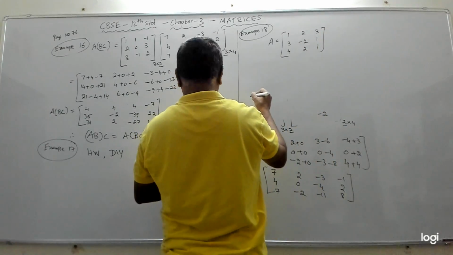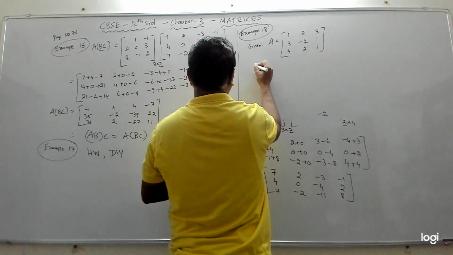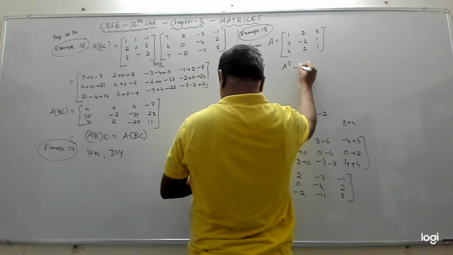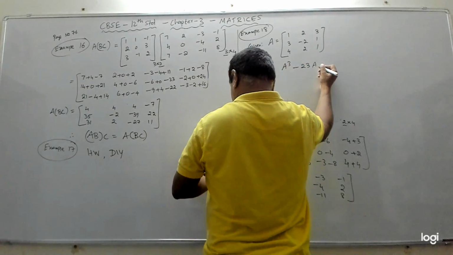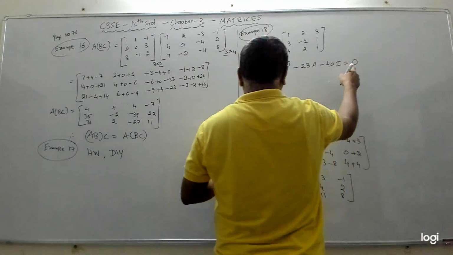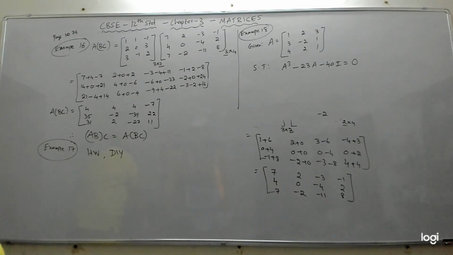So that is given. And what we have to prove or show is that A cube minus 23A minus 40I equals 0. 0 means 0 matrix. We have to show that the value of this is 0.